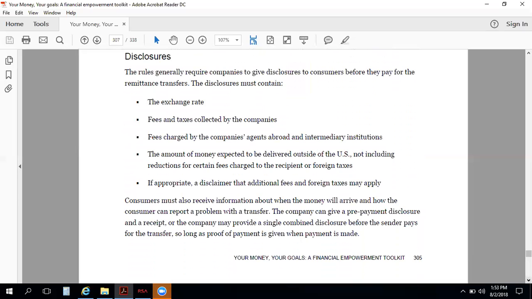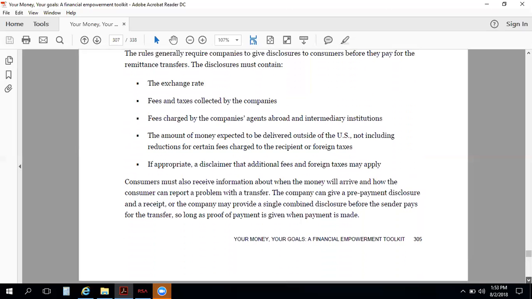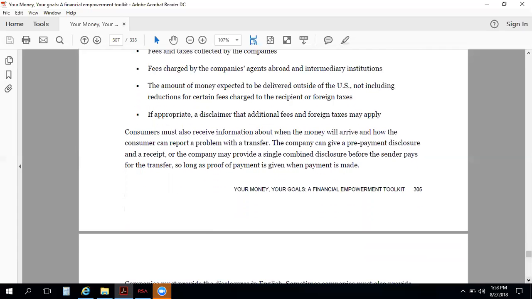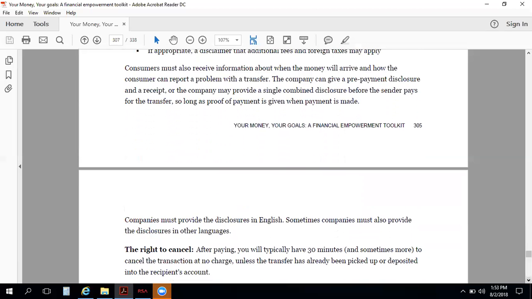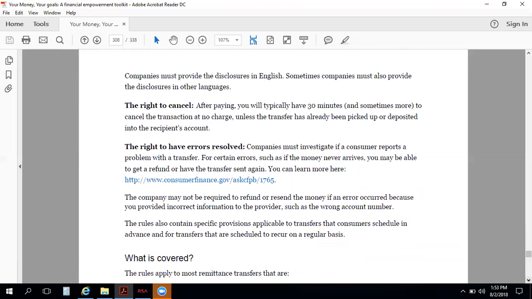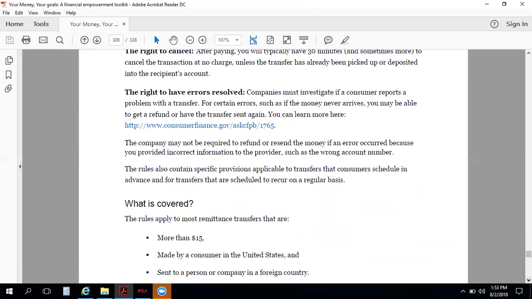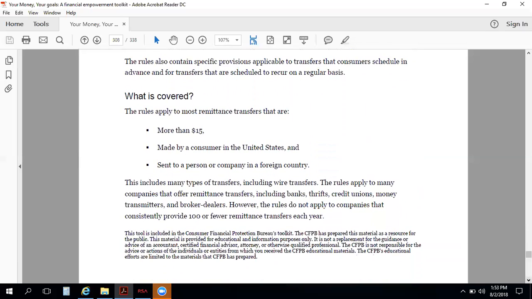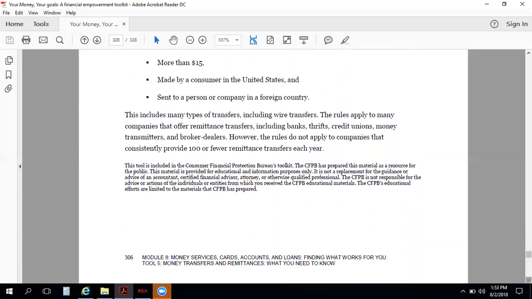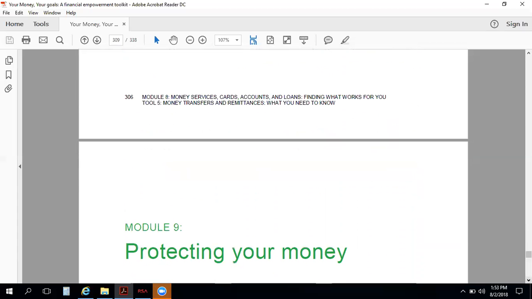But it does talk a little bit about the exchange rates and some of the fees that might be attached to sending a transfer of that nature outside the United States. There could be additional fees and taxes that apply after sending money to a foreign country. So it just talks about what a client should find out about in terms of fees and service charges that might result from that.